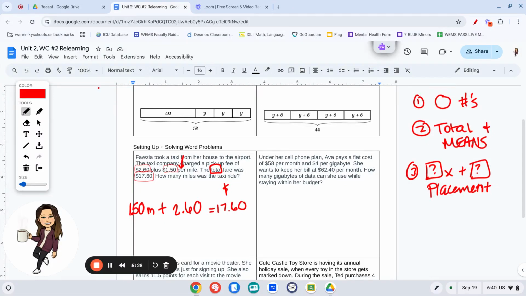I'm going to use M for mile. And again, guys, look at the question. How many miles? We don't know how many miles. Therefore, that's our question mark. That's what we don't know. So that's what goes with the variable. If we're looking for the miles, the $1.50 is per mile.